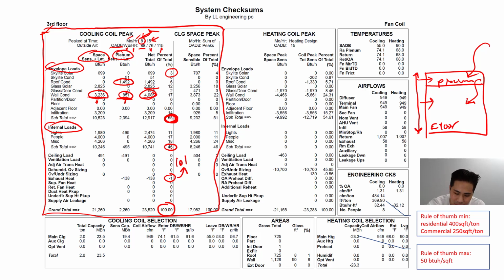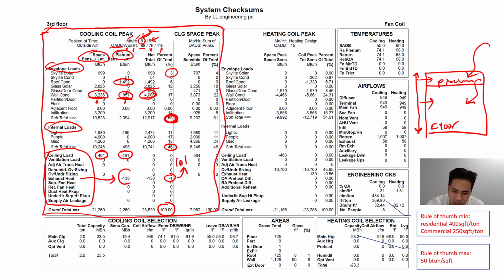So out of these values below, you'll see some of these are giving you certain values. So this is adding heat. A positive value means you're adding heat, and a negative value means the heat is going out. So the ceiling load, it basically cancels out. This is exhaust heat.